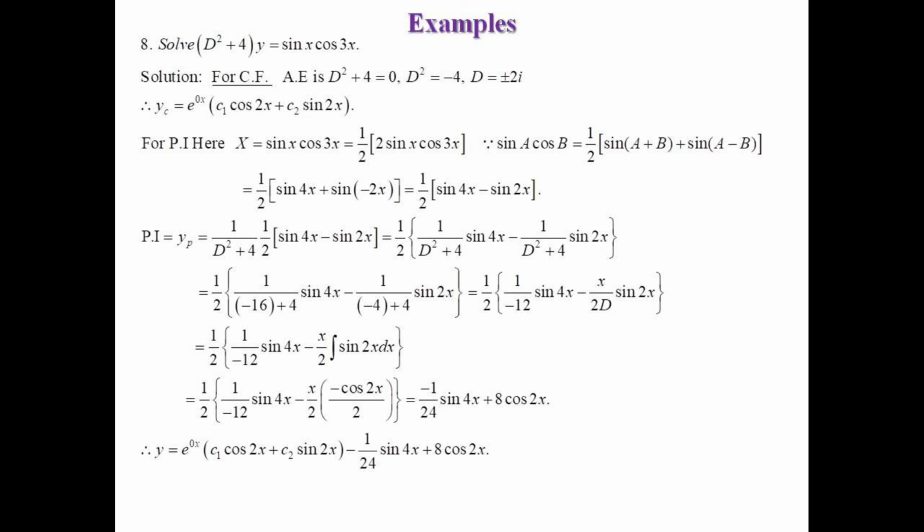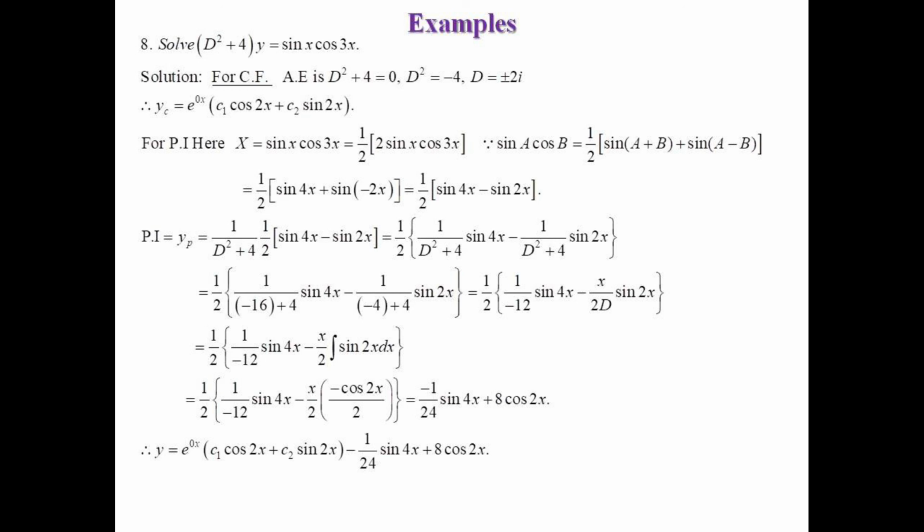Similarly for the second term, comparing sin 2x with sin ax, the value of a is 2, so replace D square by minus 2 square, which is minus 4. Simplifying the first term, the denominator is minus 12 into sin 4x. In the first term D is absent, so we can write that as the final answer for the first term.